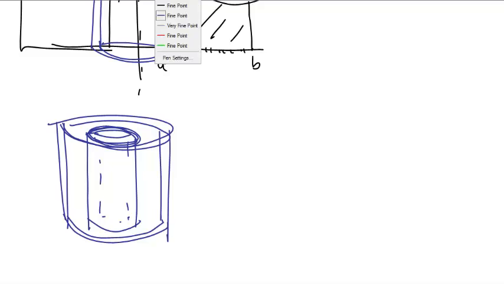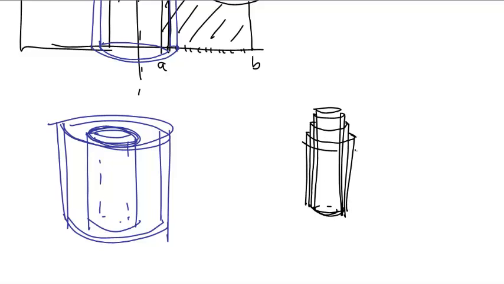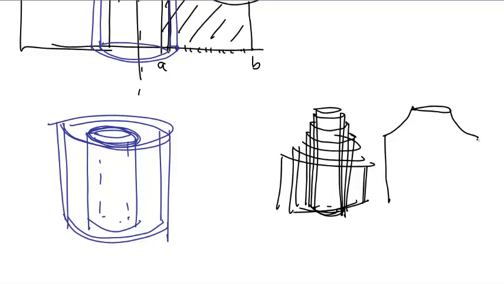Maybe you could think of it this way. I'm going to try to bring some kids' stacking cups, if I remember, into class. If you had a little cylinder like this, and you put around it a slightly larger cylinder, but slightly shorter, and then another one that was slightly wider and slightly shorter, and you kept doing that, more and more and more, you could get a sort of solid of rotation that maybe looked like this.